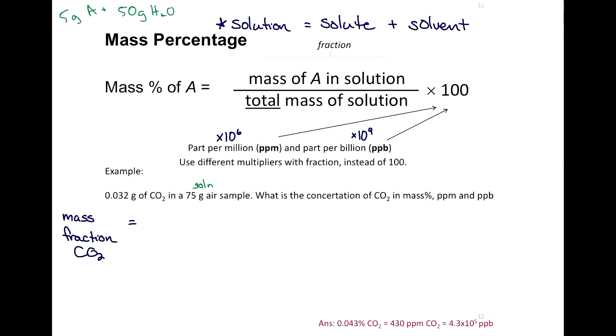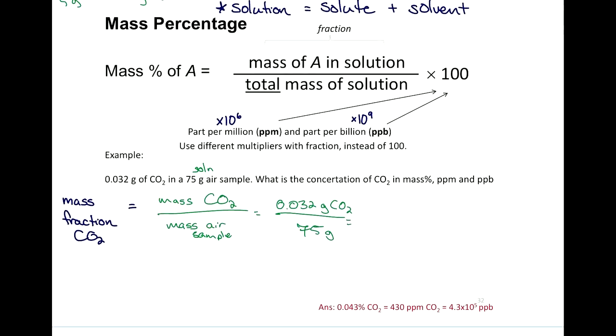And so for each of those, I'm going to start with the fraction and then just multiply by the appropriate multiplier. So to get the mass fraction of CO2, we do mass of CO2 over the mass of the air sample, and so that's our solution. And so in this case, it's 0.032 grams of CO2 over 75 grams of that air sample.